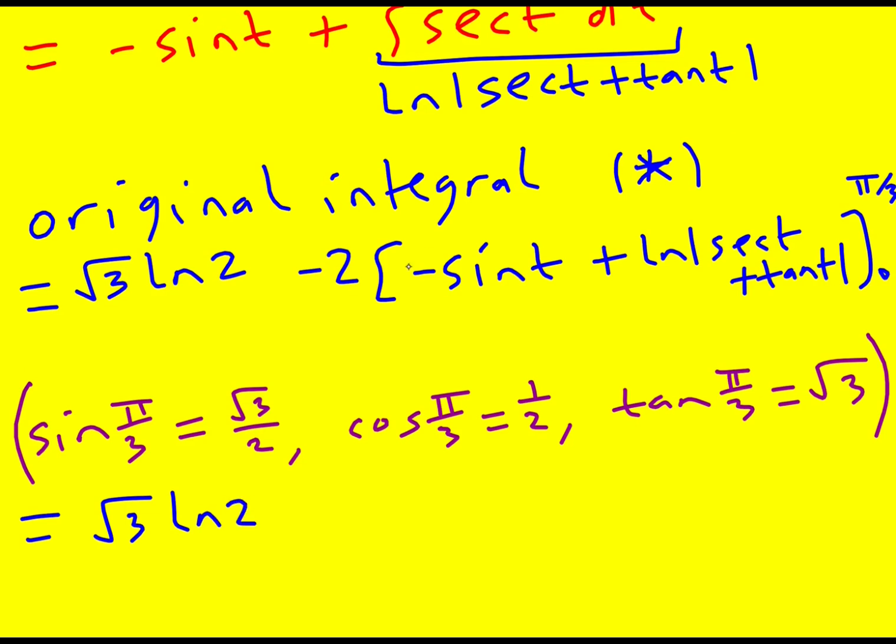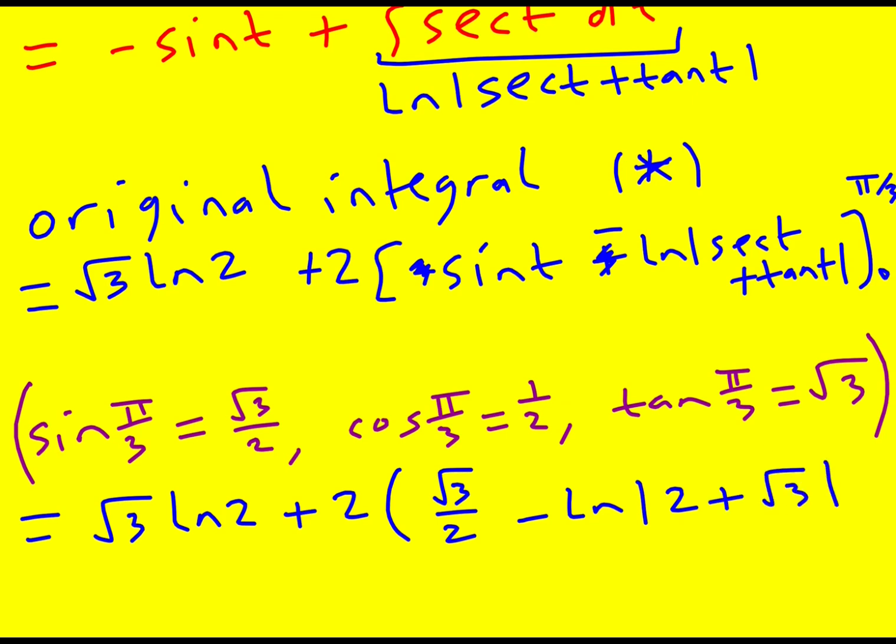Now, I've got a double negative going on. So what I'm going to do is change this to a plus and get rid of that negative, and then change this to a minus. They're the same thing. Plus 2 lots of sine pi over 3 minus ln. Now sec pi over 3 will be 1 over this, so it will be 2. And then tan pi over 3 is root 3.